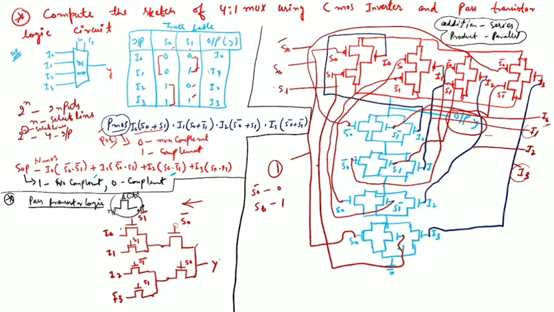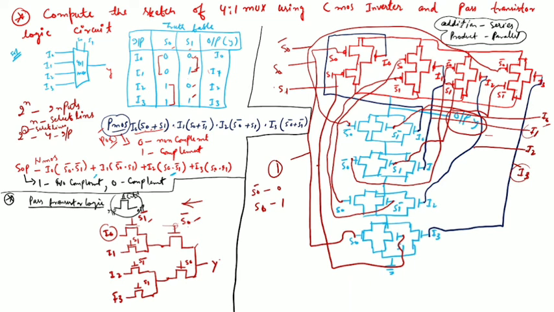So from the truth table, when the select lines are 0 0, meaning S0 and S1 are both complement, this one will be selected as S0 complement, and from here S1 also complement, these first two, and in the output it detects only I0.